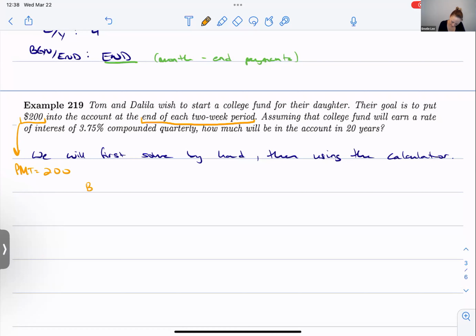So at the end, which we'll keep up our sleeves, right? That's the default, so that's what we have so far. And then 2-week period. So the payments per year, which is your F2, is going to be 26 biweekly.